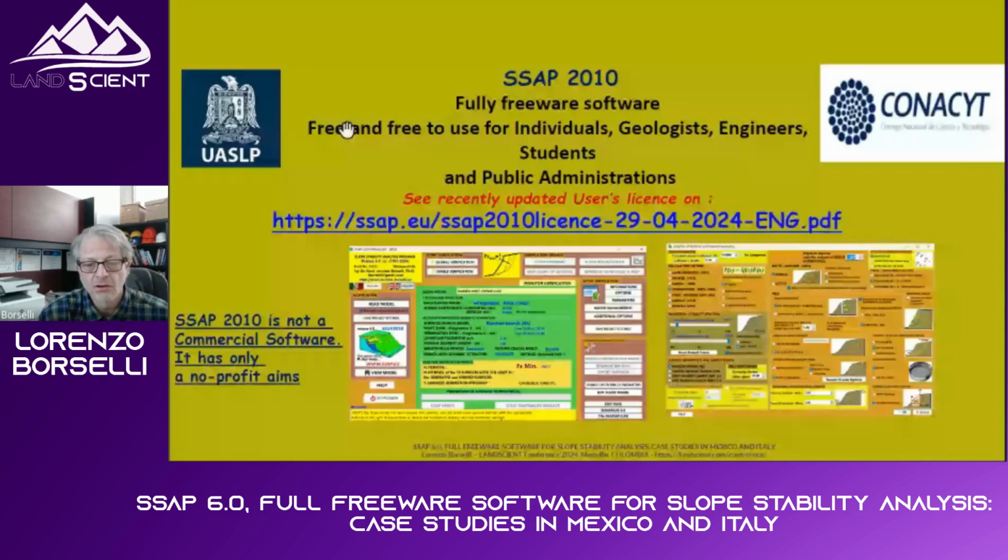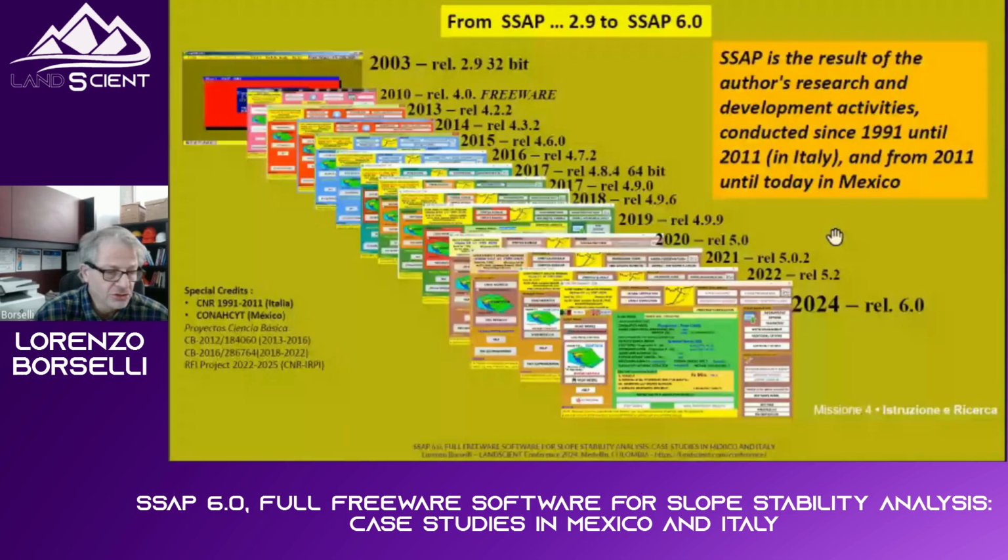The story of the development of this software is very long, but just to summarize, special credits go to CNR in Italy, and then CONACYT Mexico, for the different projects and funds that were a basis for its development during the long story of SSAP.